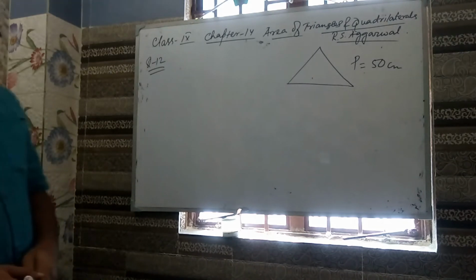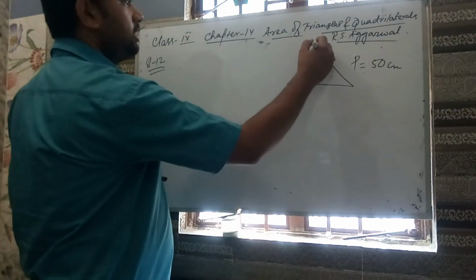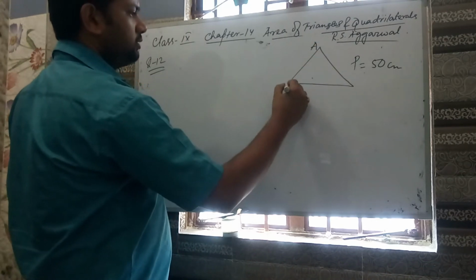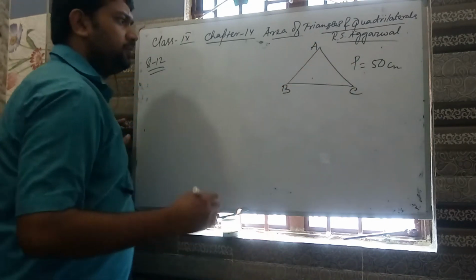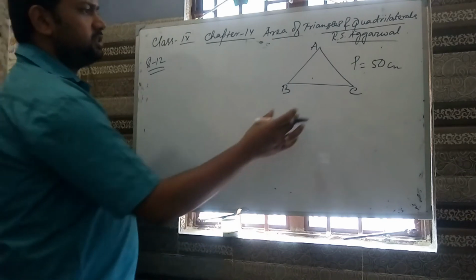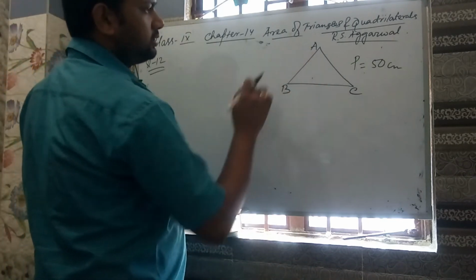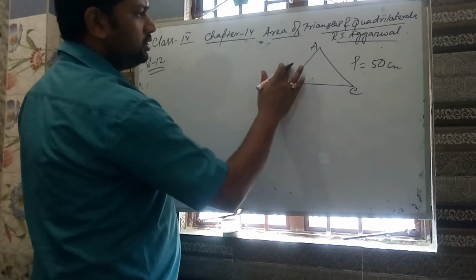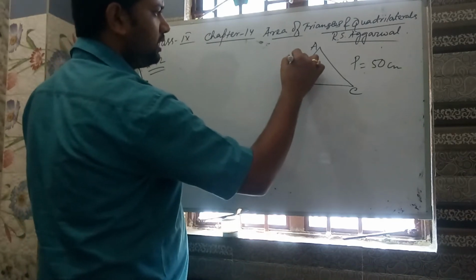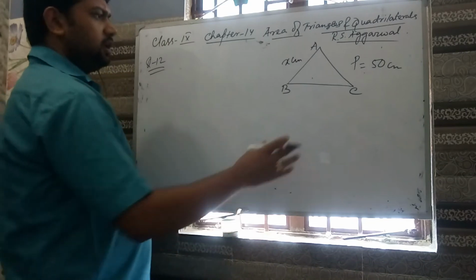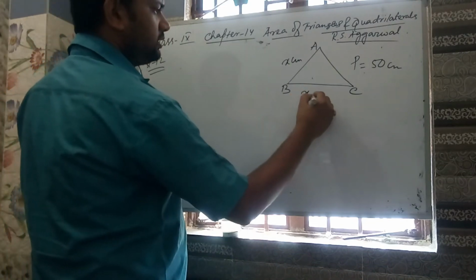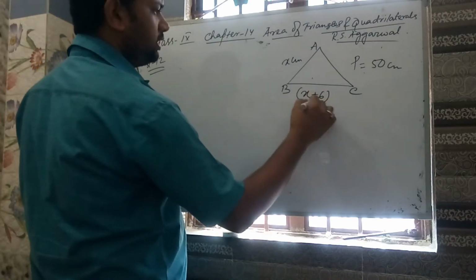Okay, so let us consider the triangle to be ABC. Suppose this is the longest side and this is the shortest side. So if we consider the shortest side to be x centimeter, the longest side is 6 centimeter longer, that is x plus 6.